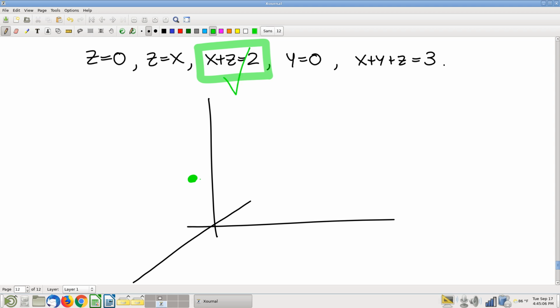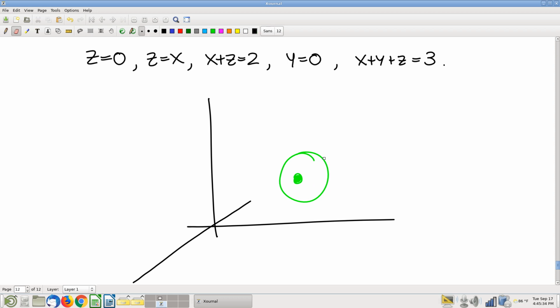And now let's suppose I were to move parallel to the y-axis. So here's a point that satisfies that equation. If I move parallel to the y-axis, x doesn't change, z doesn't change, and therefore this next point here also still satisfies that same equation. Okay, so whenever you have a point on that plane, moving parallel to the y-axis keeps you on that plane, and therefore the plane is parallel to the y-axis.